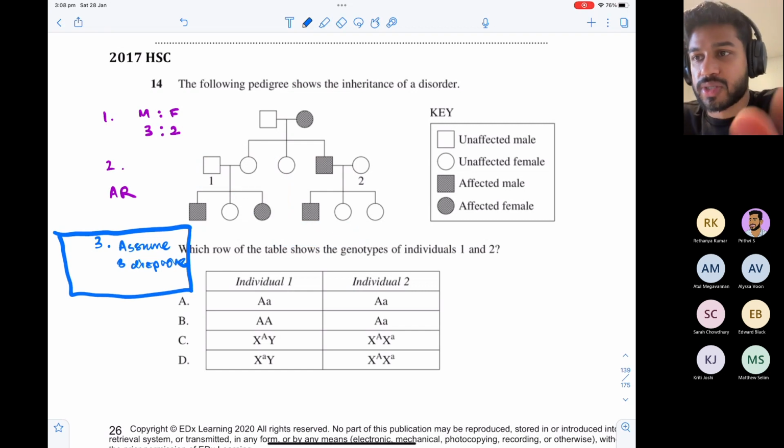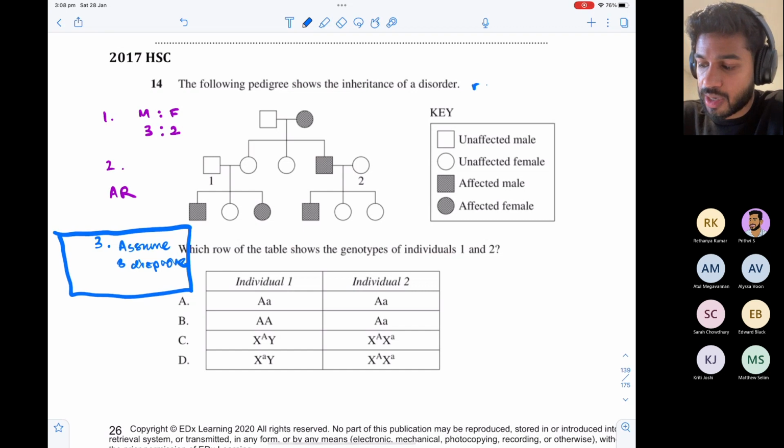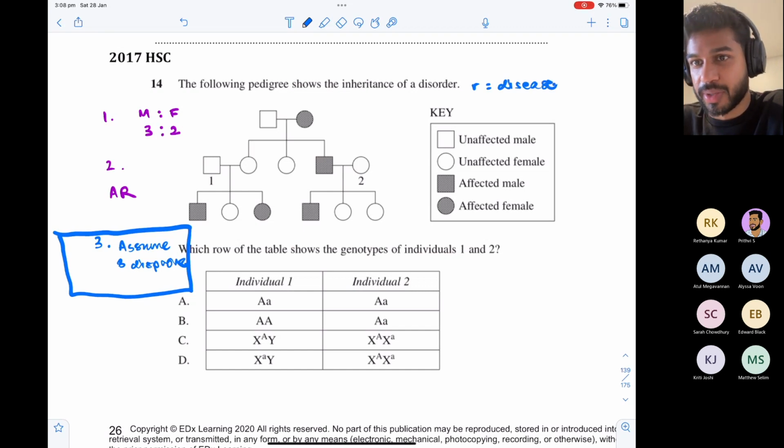So who's done that? Who's done that? And does it work? Let's go to Kriti. Kriti, since we're assuming autosomal recessive, so little r equals disease, what would every single shaded person's genotype be, Kriti?